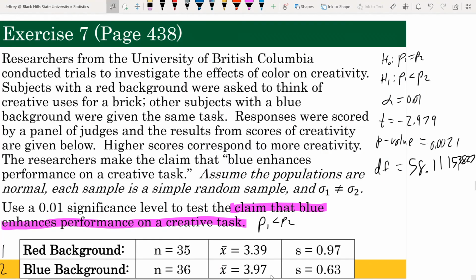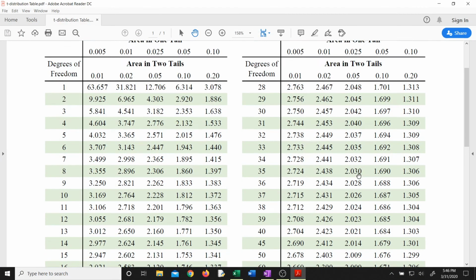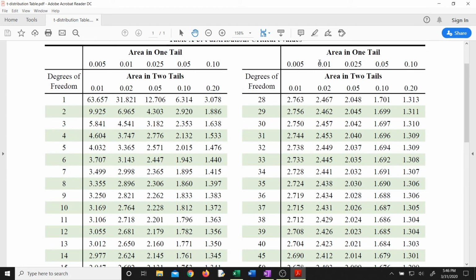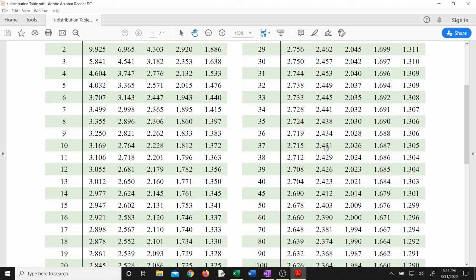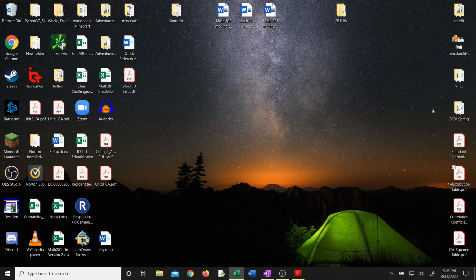Our significance level was 0.01. So that is the area in the left tail. So that's the area in one tail. So we'll be using the second column of these tail values. So that tells me that my critical value is negative 2.39, since that is in our left tail.